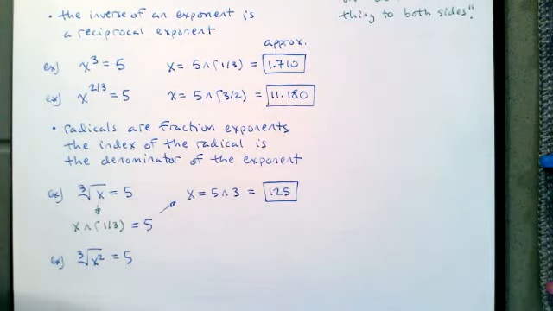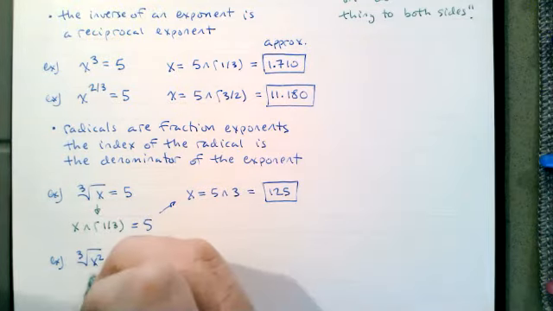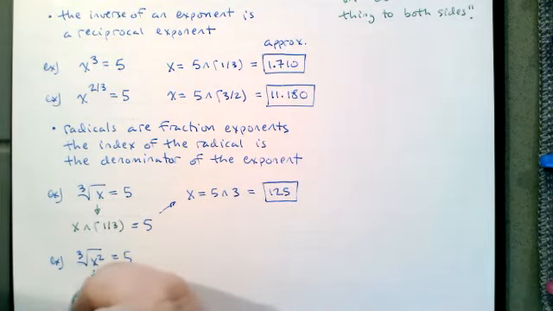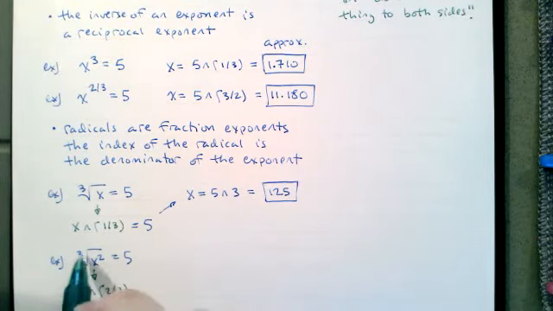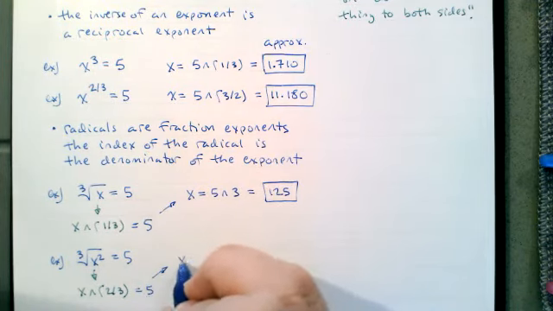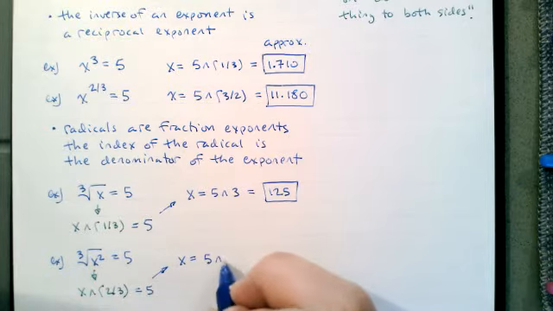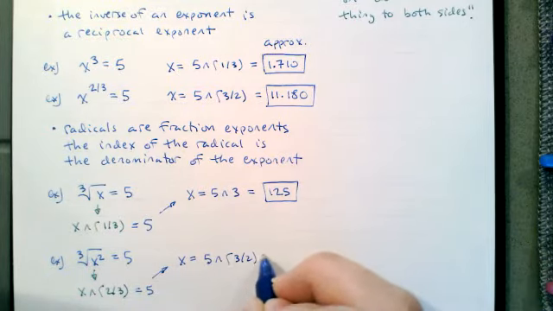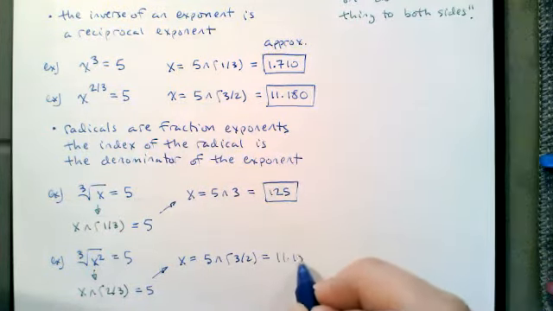So we would read the cube root of x squared as x to the 2/3 power, because the index of the radical is the denominator of the exponent. So this equation could be written as x to the 2/3 equals 5. And we would solve with a reciprocal exponent, 5 to the 3/2, which is still 11.180.